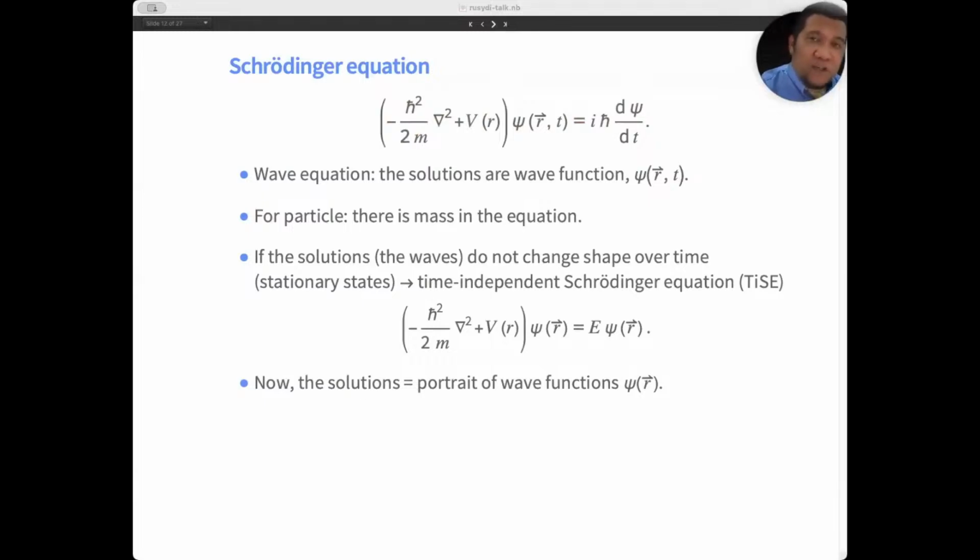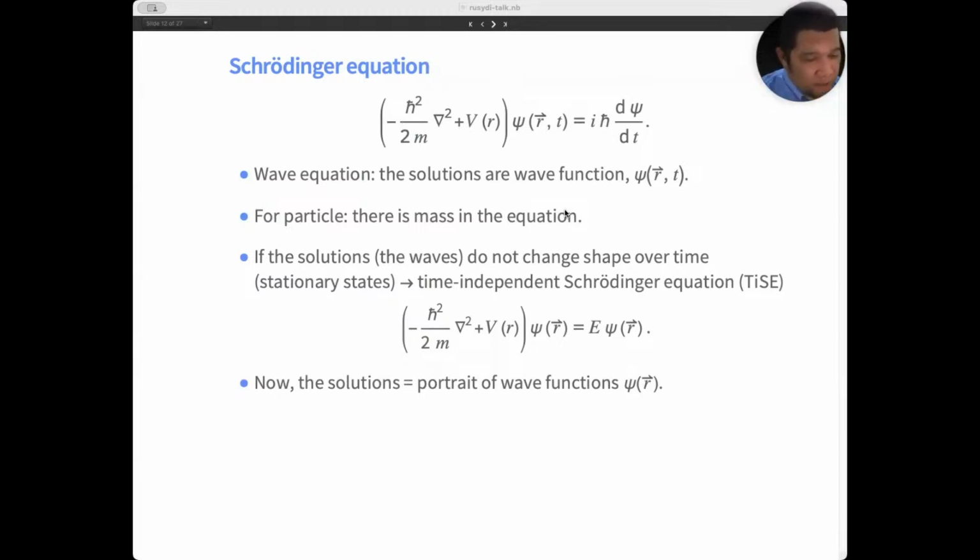One of the wave equations for particles is the infamous Schrödinger equation. It is infamous not only because of how Erwin Schrödinger came up with this equation, but also because the equation already failed many students in exams. The equation has a position dimension and also a time dimension. It is a wave equation because the solutions are wave functions, similar to what we have discussed in the previous section.